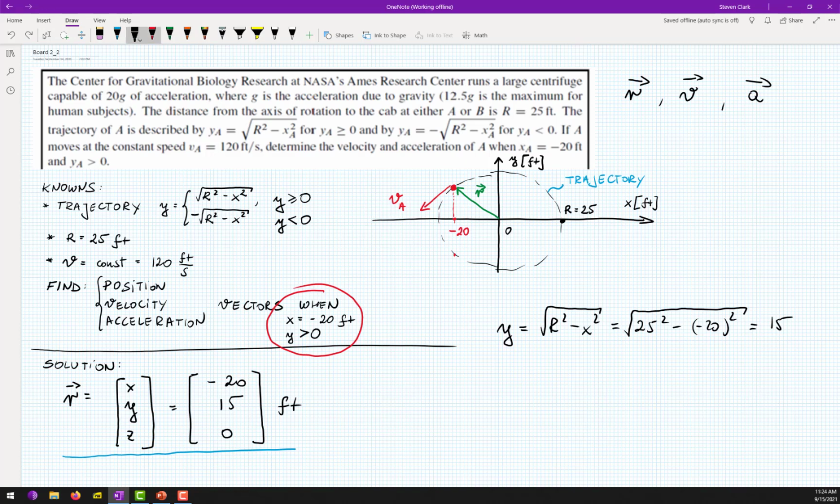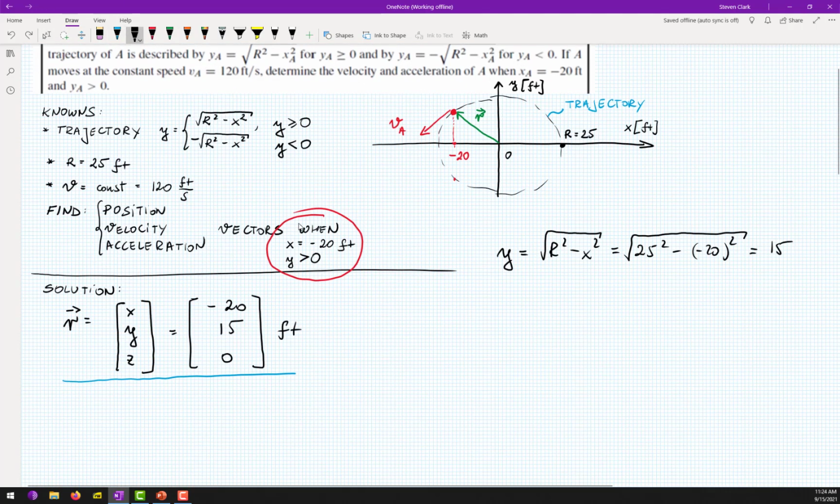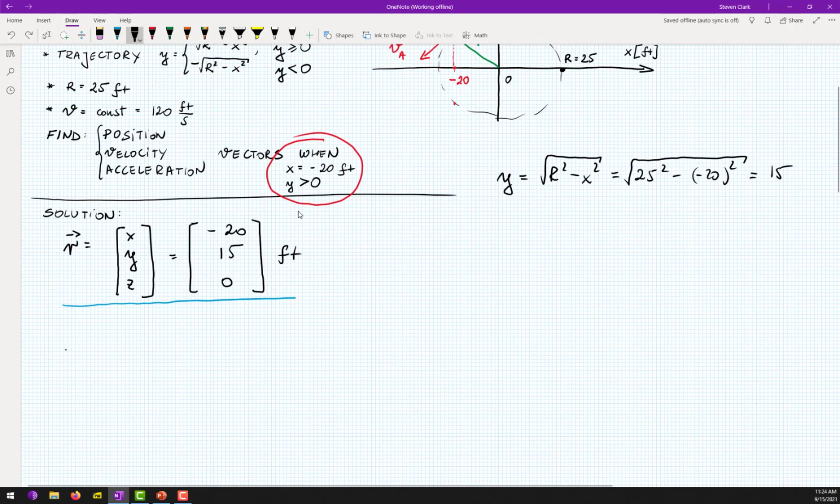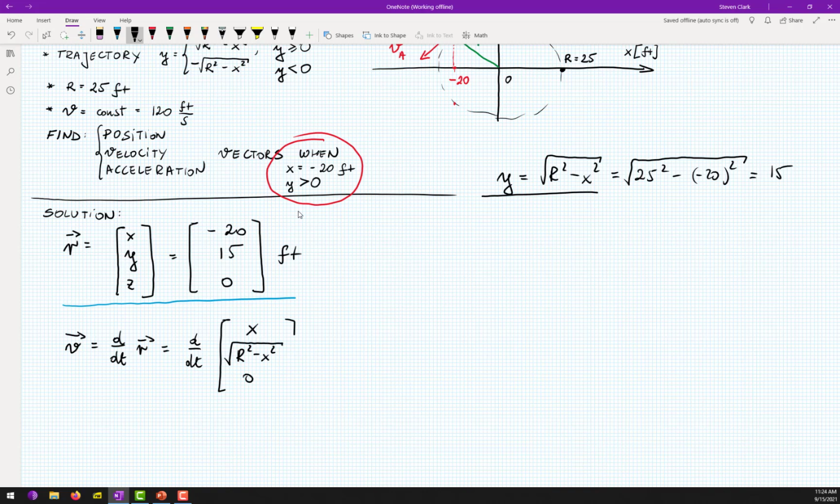Velocity, let's do it. But I will need your help, okay? If I remember correctly, velocity is basically the first time derivative of position. So I can write d dt of x, and the expression for y is here, so d dt of the square root of r squared minus x squared, and 0.